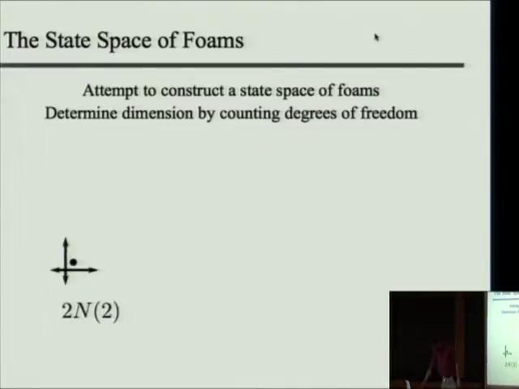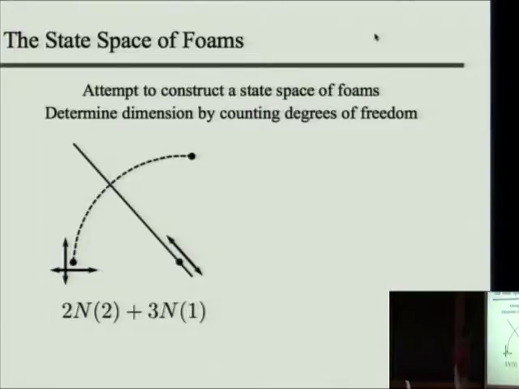So let's say that we have n cells in our foam on the torus. You can show without too much difficulty that the number of vertices in that system is 2n. There are 2 degrees of freedom associated with the x and y coordinates of every vertex, so we end up with 4n degrees of freedom. Now we've put down the location of all the vertices.